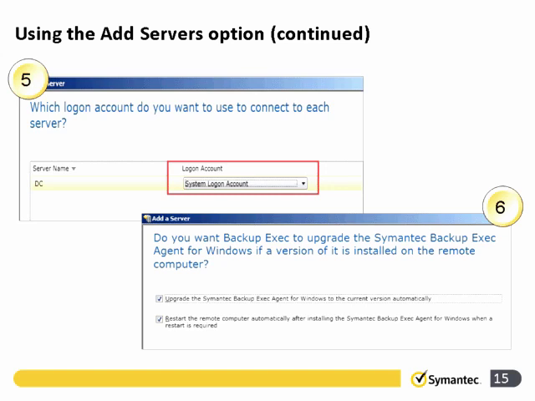But this is also the account that will be used when the backups occur. So this should be an account that has read and write rights to the data housed on that machine that you're backing up. Do you wish to upgrade the Backup Exec agent if it's an older version?